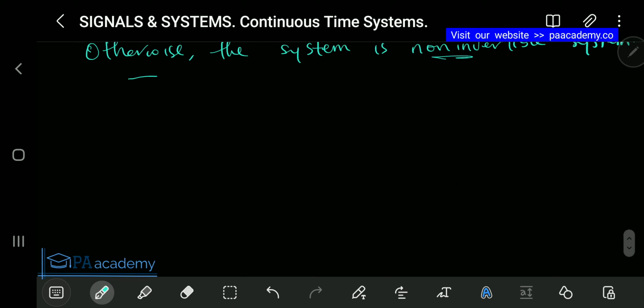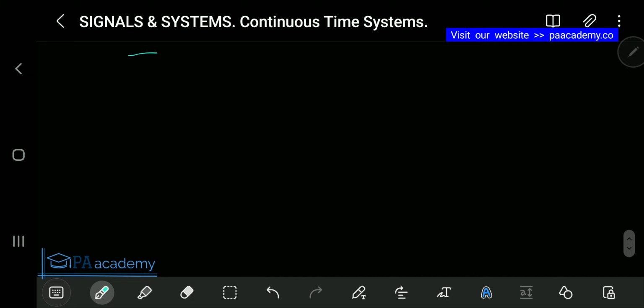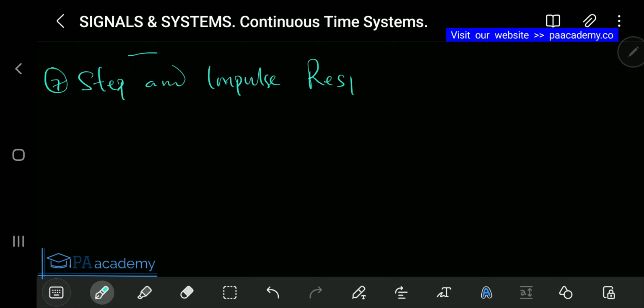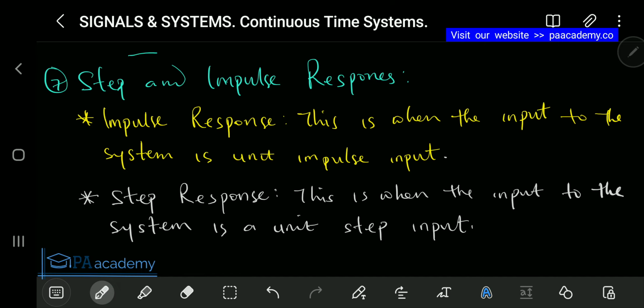Now let's look at the last one, number 7: the step and impulse response. You can see we have a separate definition for step and impulse response. The impulse response is when the input to the system is a unit impulse input.